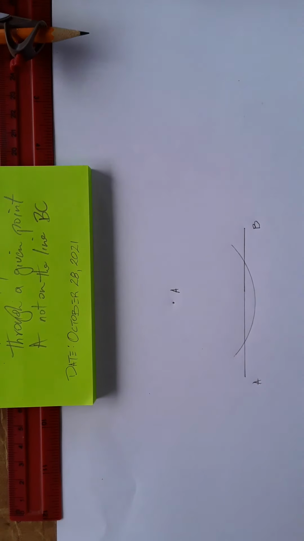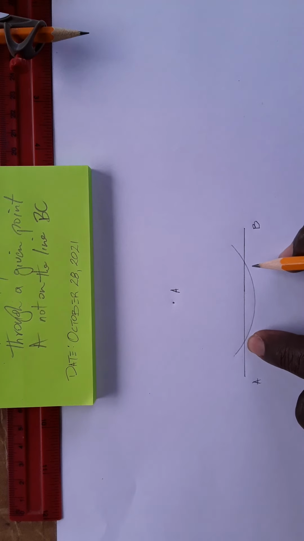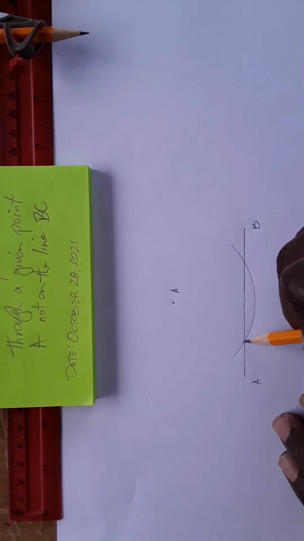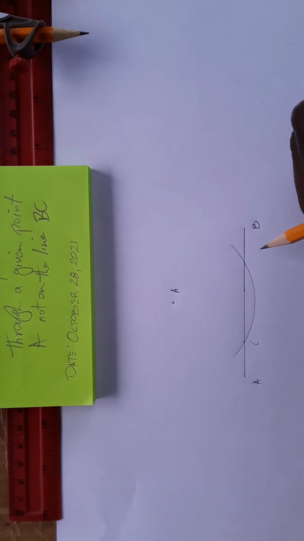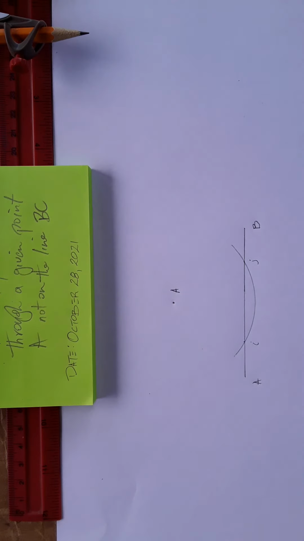Right. So now, where the arc cuts the line AB at the two places, we call them points of intersection. So this one becomes, let's call it I, and this one, let's call it J. All right.